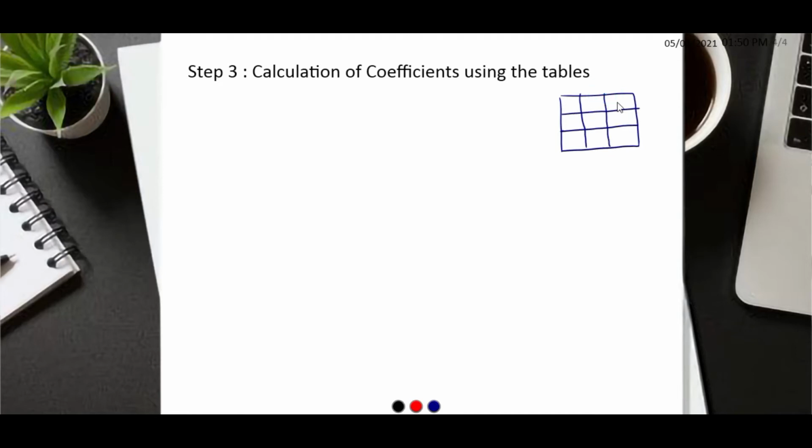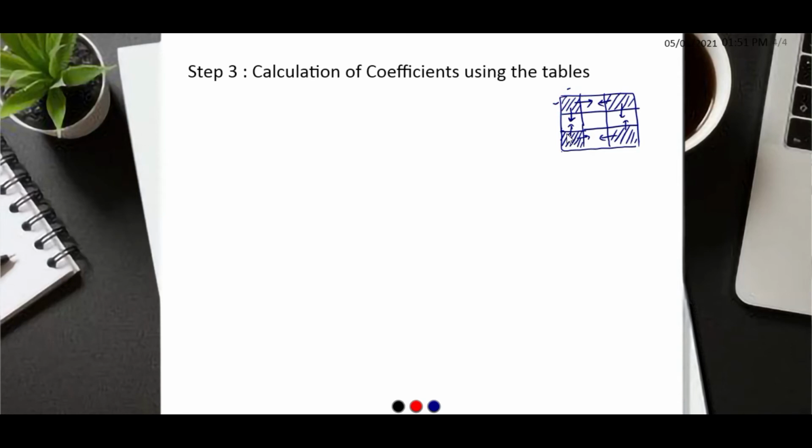We are designing slabs for these 9 portions. Firstly we need to identify what type of slabs these are. First of all, consider corner slabs. Due to symmetry, we can see that all these slabs have 2 adjacent continuous edges and 2 discontinuous edges.